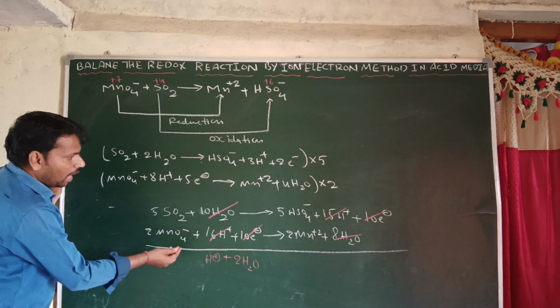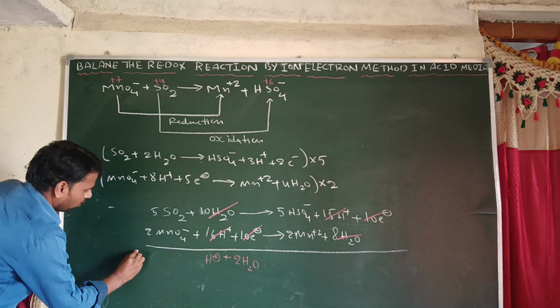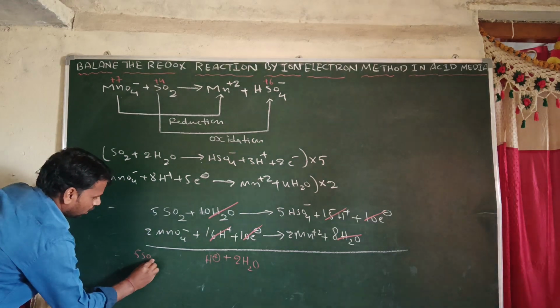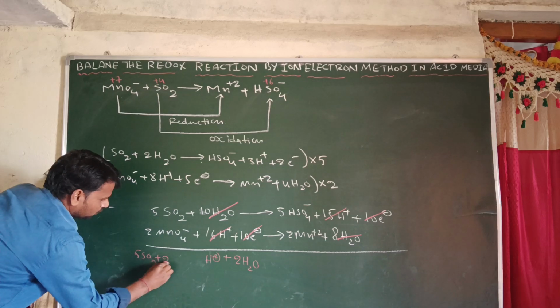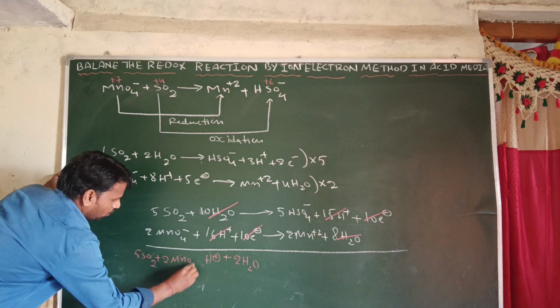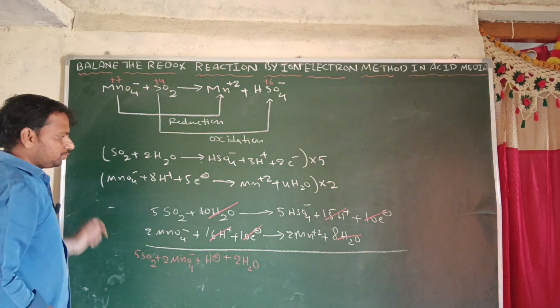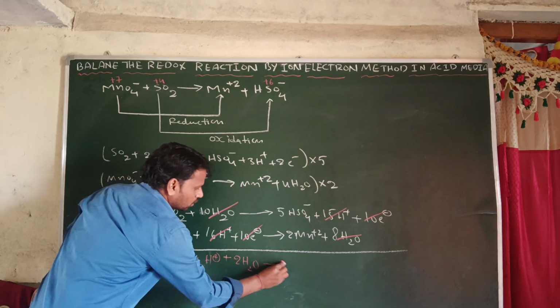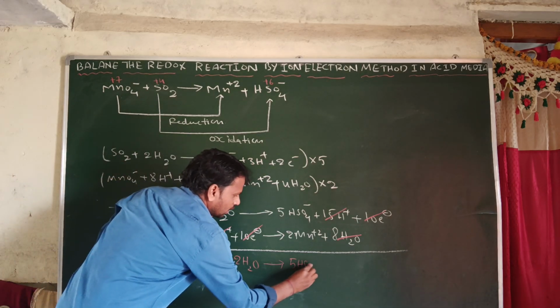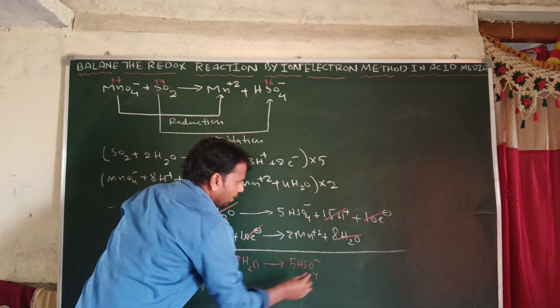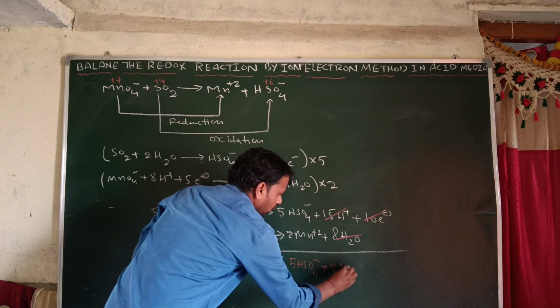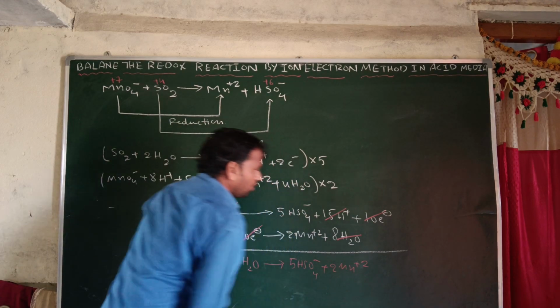Next, as usual we write 5 SO2 plus 2 MnO4 minus gives rise to 5 HSO4 minus plus 2 Mn2+.